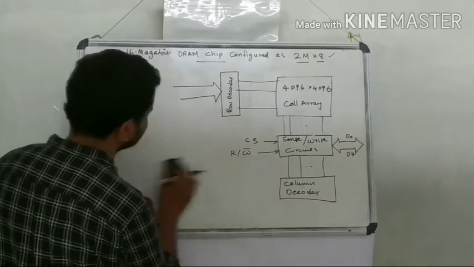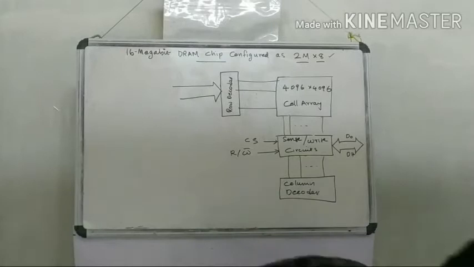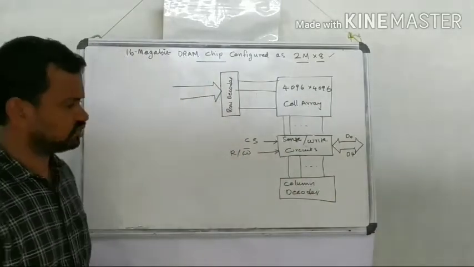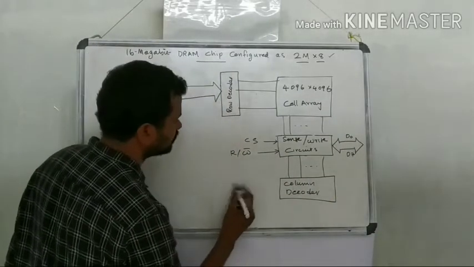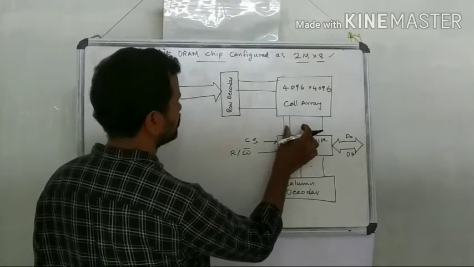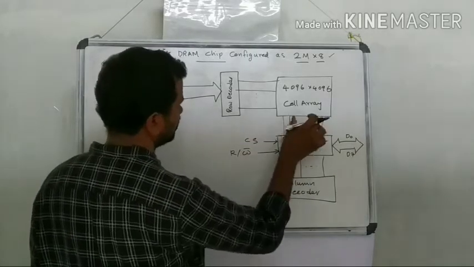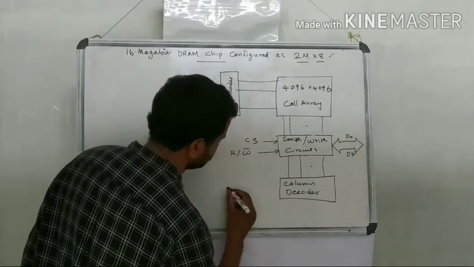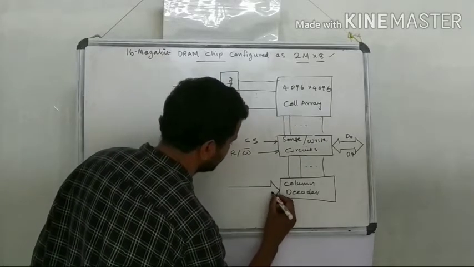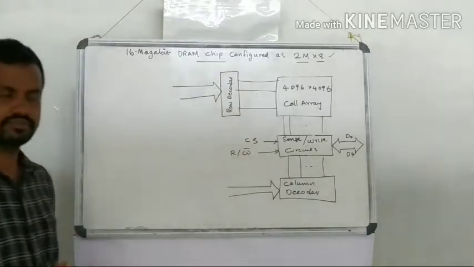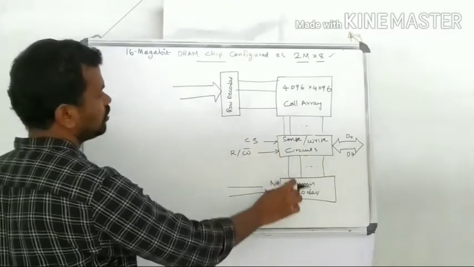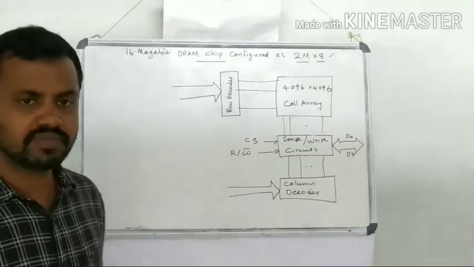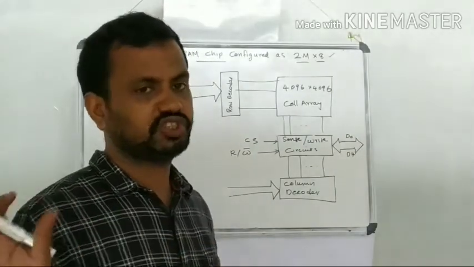So how many bits will be required here? For selecting such a group, we need this column decoder. Here we have a column decoder that is used to select a group from the groups, in our example 512 groups. So we need a column address. How many bits are required to select from 512 such groups?